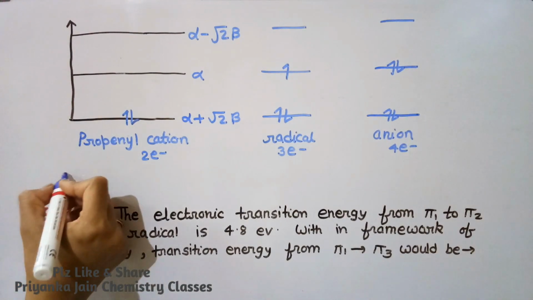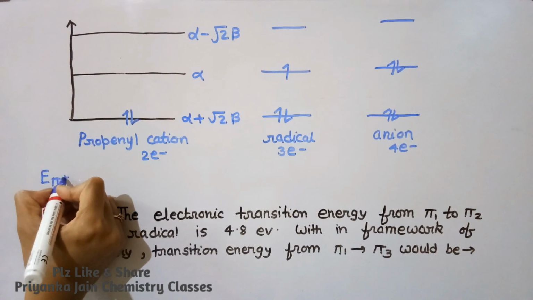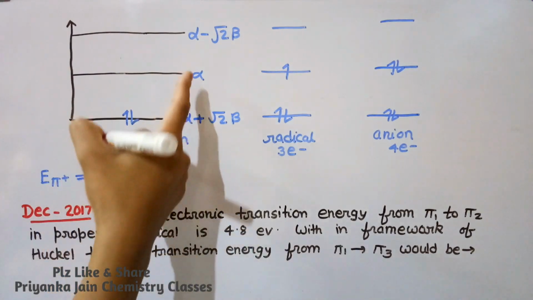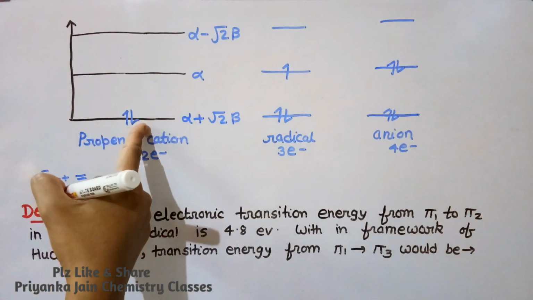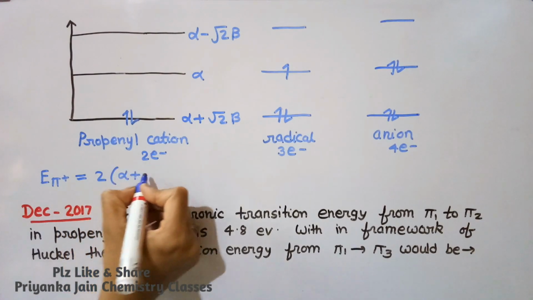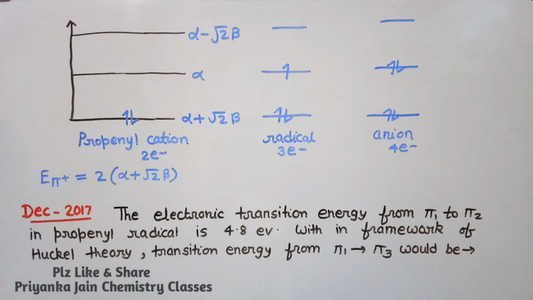Now we have to find out the energies. In this case, when we are considering the cation, the pi electron energy will be equal to this level, and the other is vacant, so we have to write here 2 alpha plus root 2 beta. This will be the energy, right?